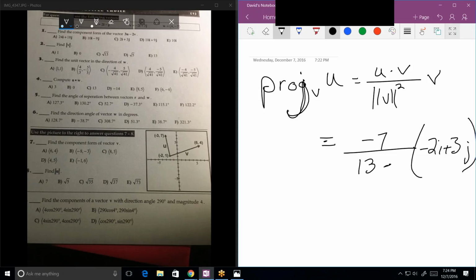V squared was the square root of 13, and then squared is 13. And the whole thing is times the vector V. Which I get to be 14 over 13 would be the x component, and 21 over 13 would be the y component. That's not right, so obviously I'm doing something wrong.